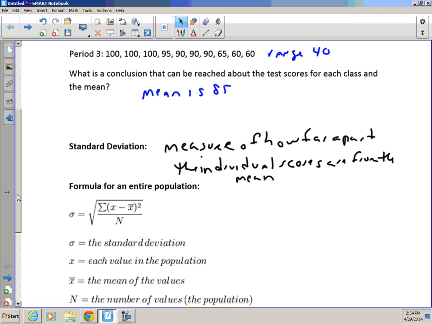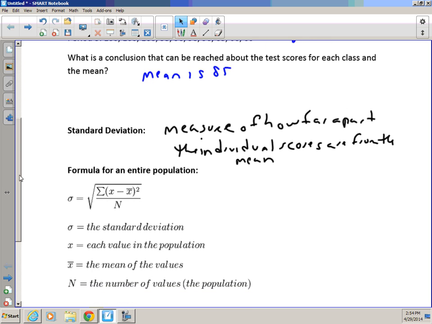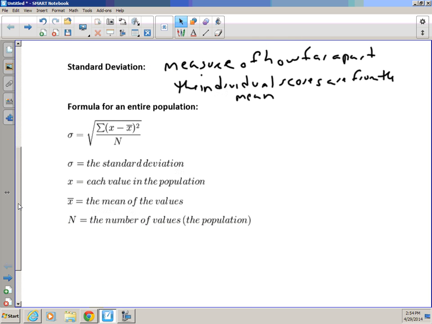And if you look at the formula for the standard deviation, and I'll go through this in a second, because there's two different situations. This is the Greek letter that is the symbol for standard deviation, that's the lowercase sigma.